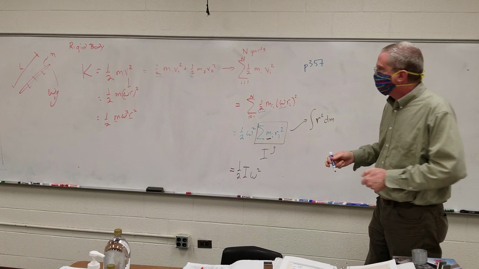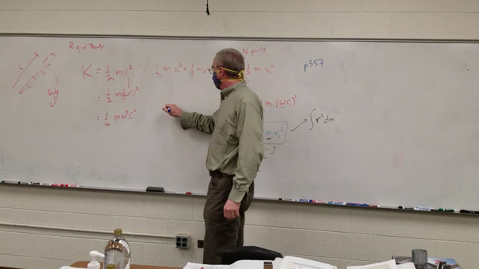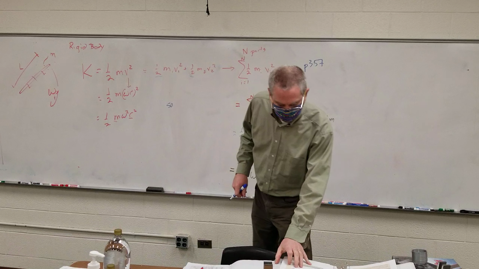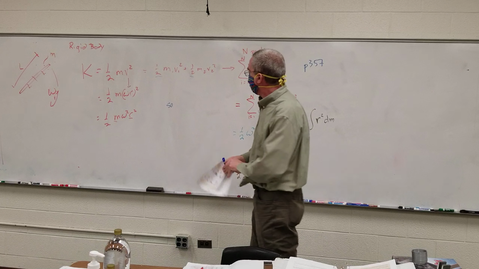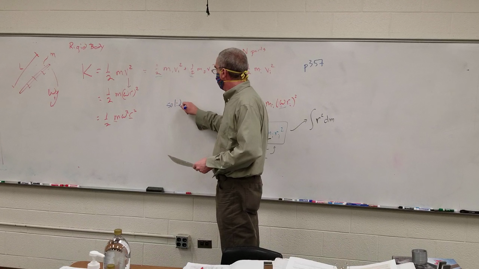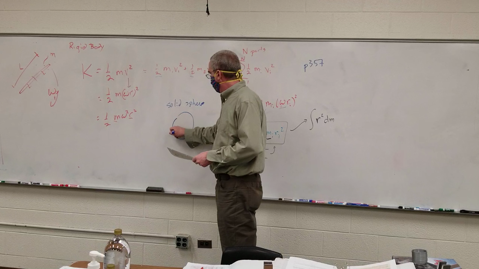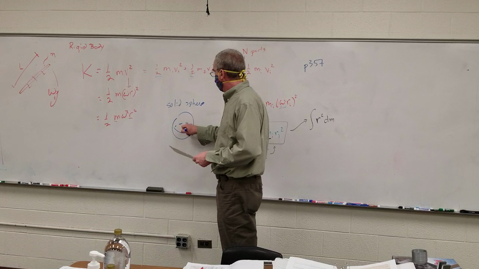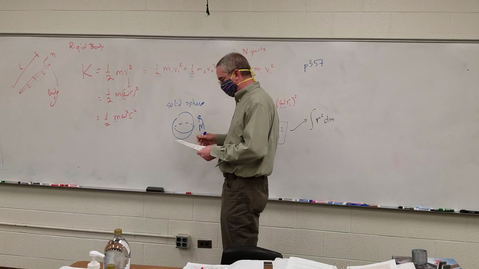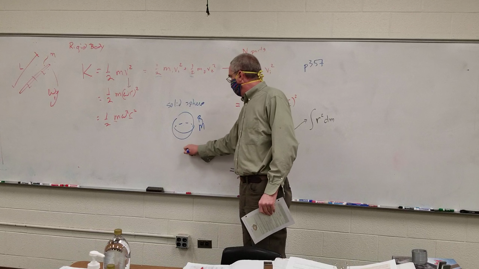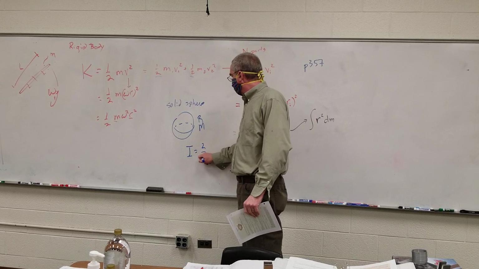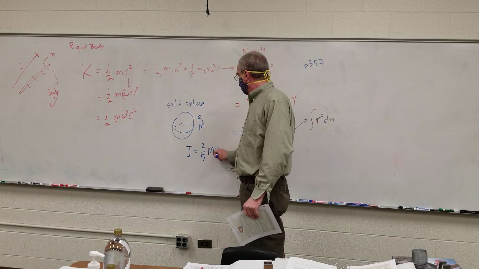So for example, if I have a solid sphere, radius R, mass M, the moment of inertia formula is 2/5 M R squared.